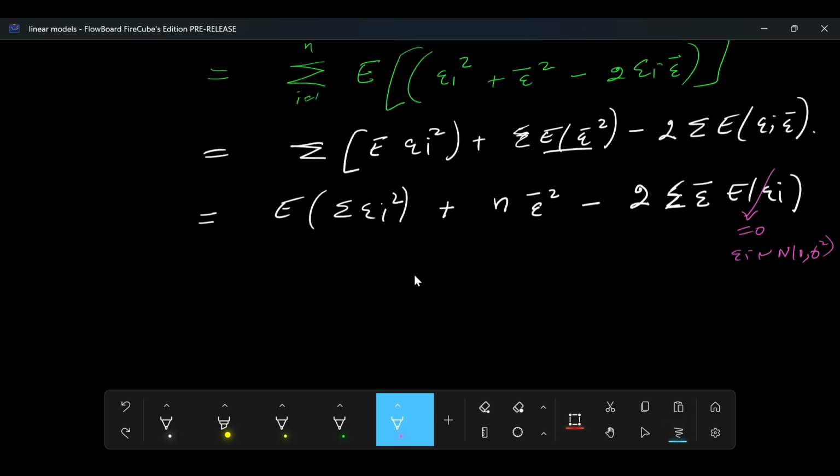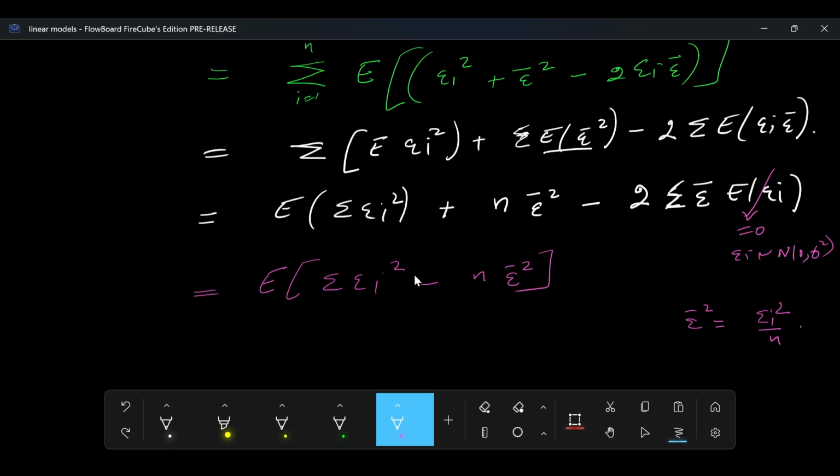So now this is equal to expectation of summation ei square minus n e bar square. Clear? Now what is e bar square? That is simply summation ei square upon n.